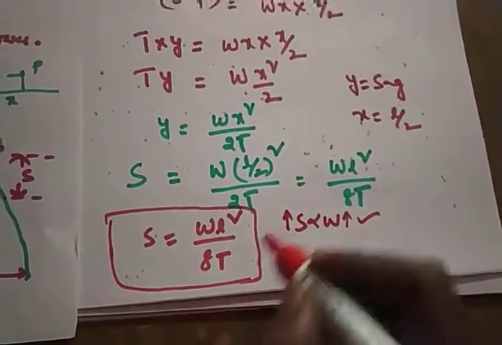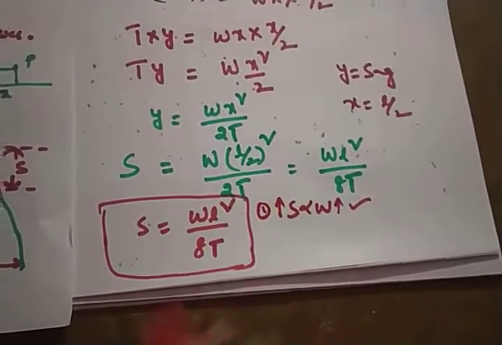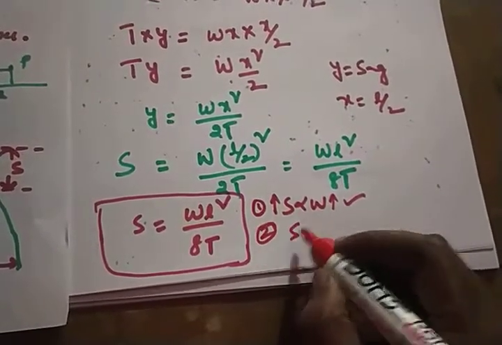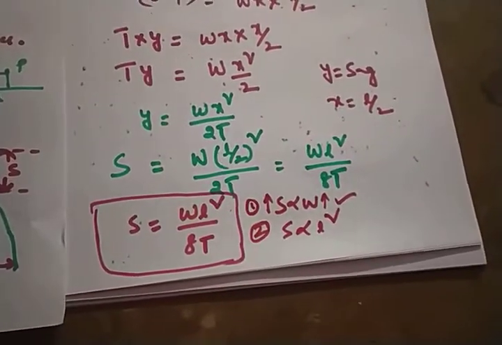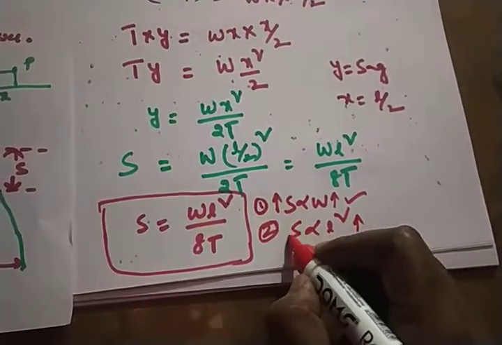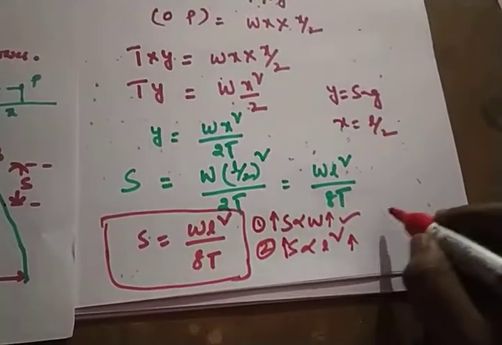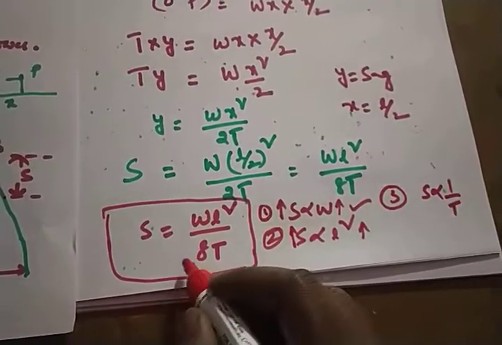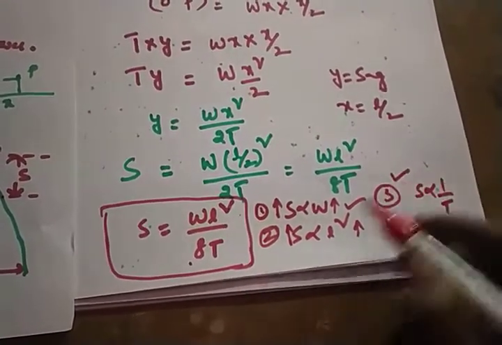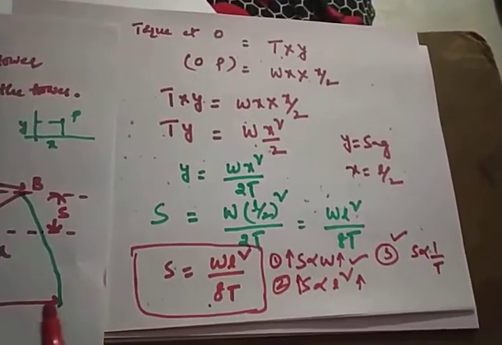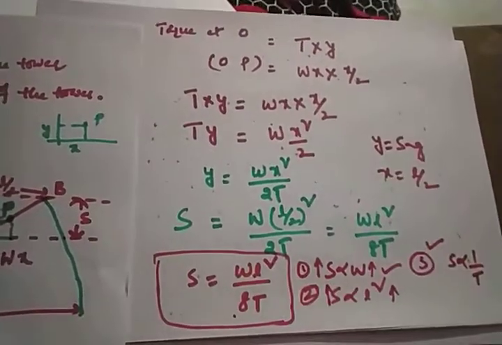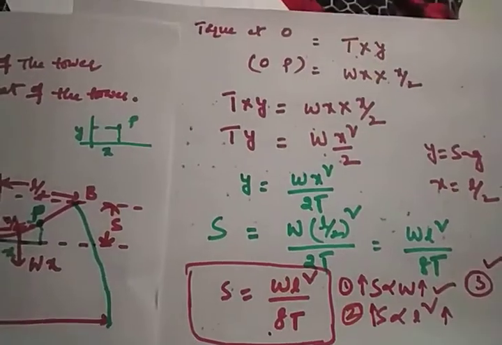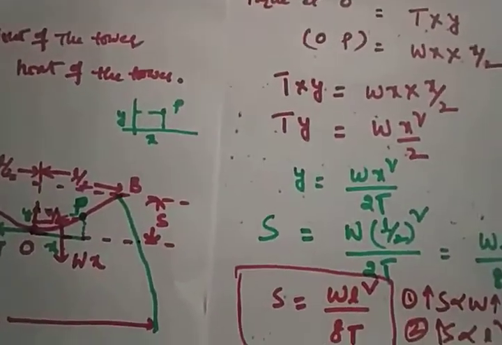The first factor is over. What is the second factor? Sag is directly proportional to the length of the conductor. If the length of the conductor increases, my sag is going to increase. And after that, what about the tension? Sag is inversely proportional to tension. Is it clear now from this equation? All the factors are satisfied. So this is the sag value for equal height of the towers.